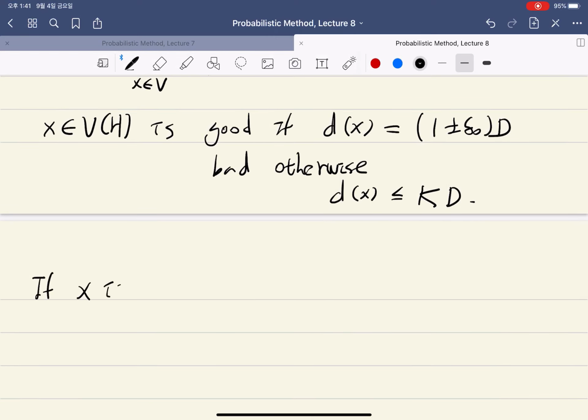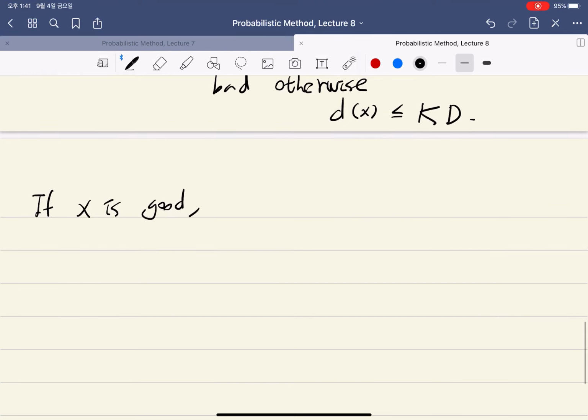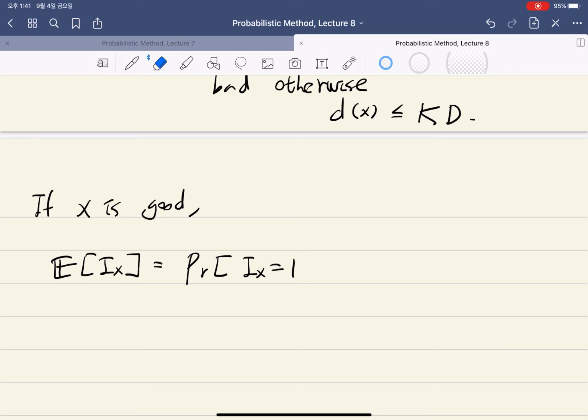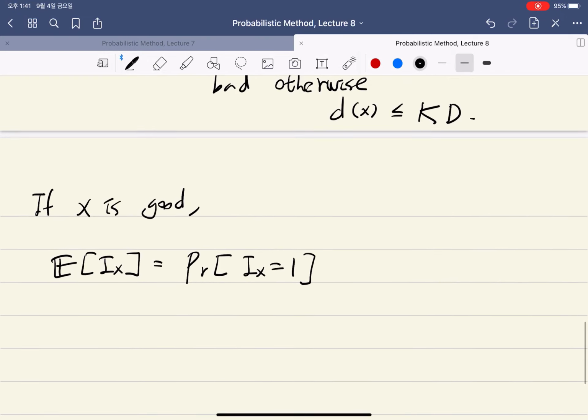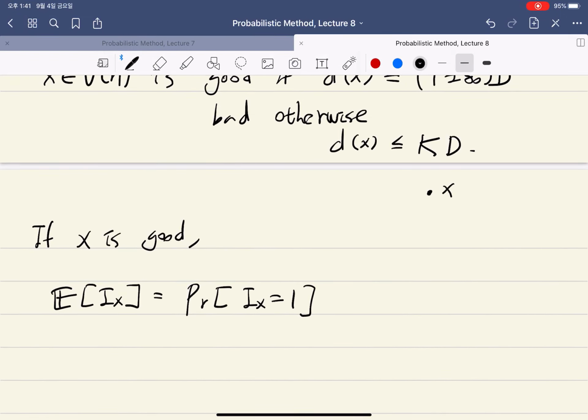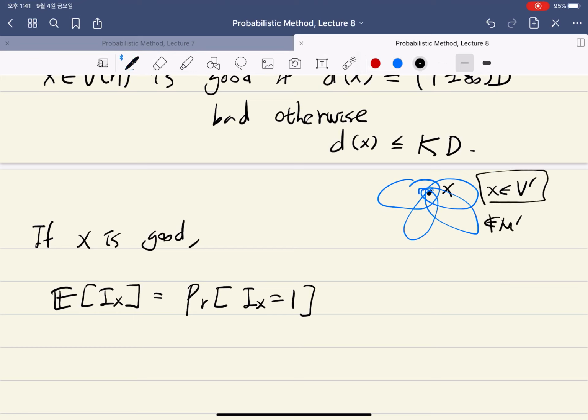And if x is good, then we can measure the expectation of this indicator random variable, which is the probability that it's not covered. When x is not covered by any edges in M and ends up in V prime, we consider all the edges containing it. If none of them is chosen by M prime, then it survives, and this indicator random variable becomes 1.